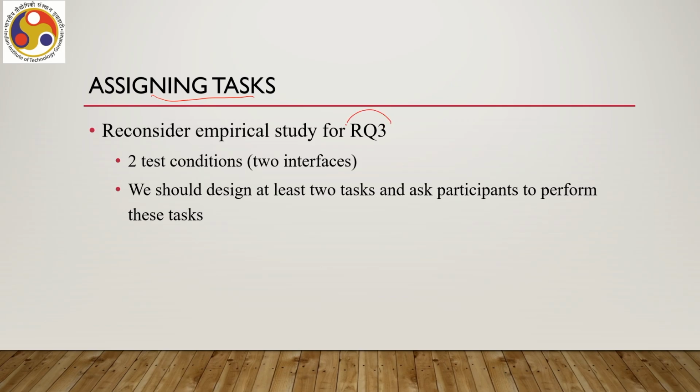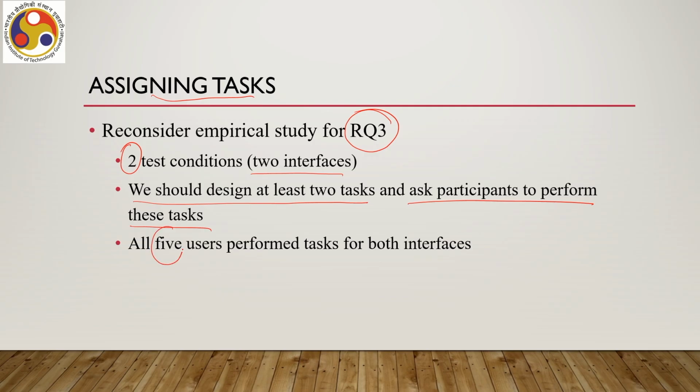Recollect the empirical study we talked about for RQ3, research question 3. We have talked about two test conditions, that is, two interfaces. For each test condition we should have at least one task. So, for two test conditions we should design at least two tasks and ask participants to perform these tasks.